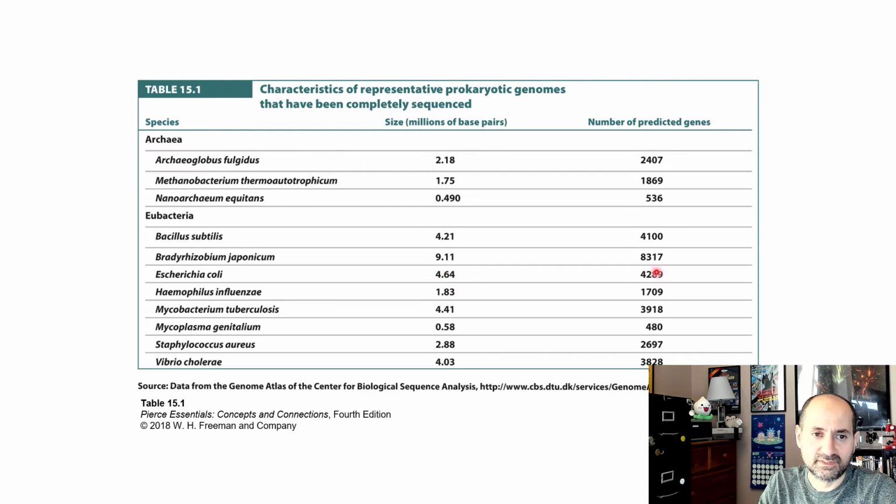Okay, and this guy has 8,317 genes. But E. coli is more typical for a bacterium. It has about 4.6 million base pairs and about 4,289 genes. Okay, so again, the bigger the genome, the more genes for a prokaryote.